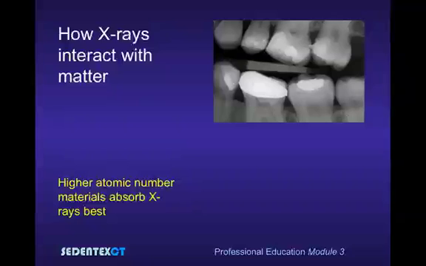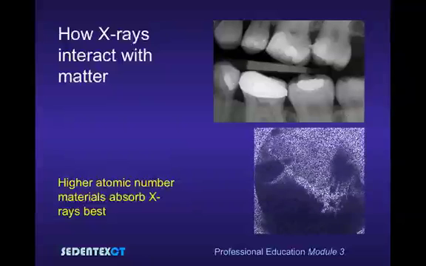Similarly, the occlusal restorations in the lower left 7 and the center of the upper left 6 are dental amalgam, and these also contain high atomic number materials which absorb X-rays particularly well. Contrast this with the composite restorations in the mesial of the upper left 7 and the rest of the upper left 6. These materials have lower atomic number materials and therefore do not appear so radiopaque.